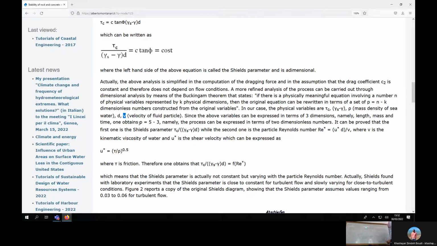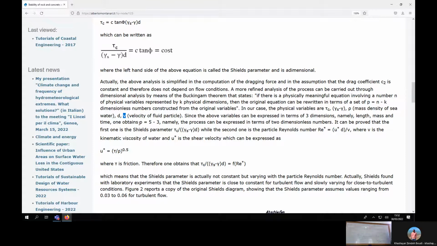And then what he did was to pump water into the flume, and for each experiment he increased the velocity of the water flux until the particles started to move. So he was looking at the flume. He increased the velocity of the water until he saw the particles starting to move.